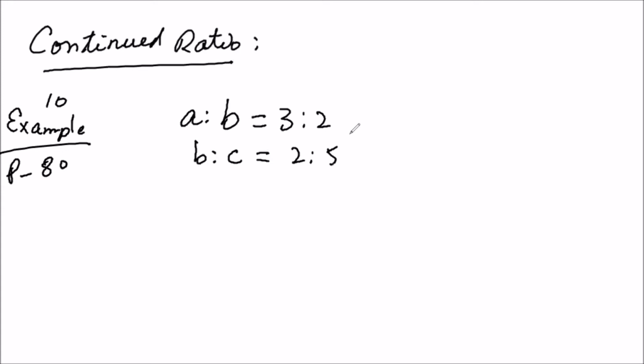Now we want to find the ratio between these three objects, A, B, C. You can suppose A, B, C are persons, boys, students, things. So A ratio B ratio C, it will be a continued ratio.